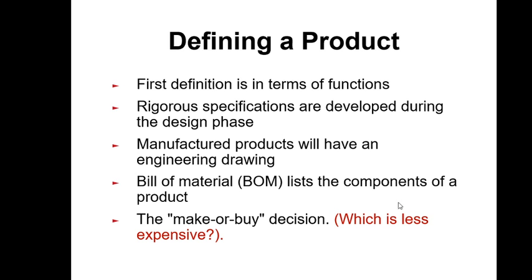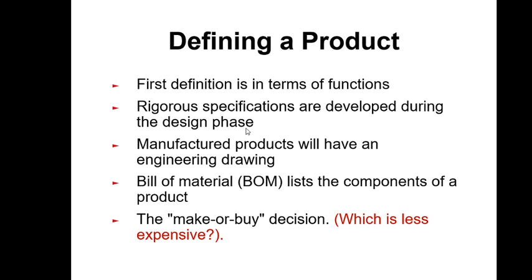First, definition is in terms of function. For example, when I define a sports car, extending our example, what are the functions that I will care about? The function of speed, for example, the function of safety, and so on. Also, rigorous or detailed specifications are developed during the design phase.